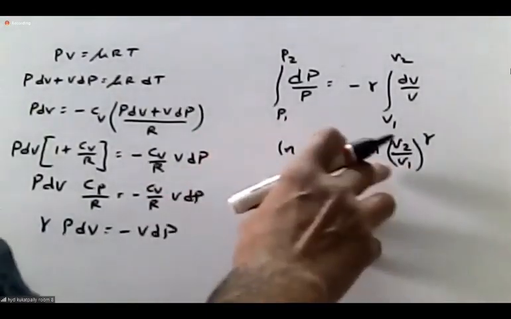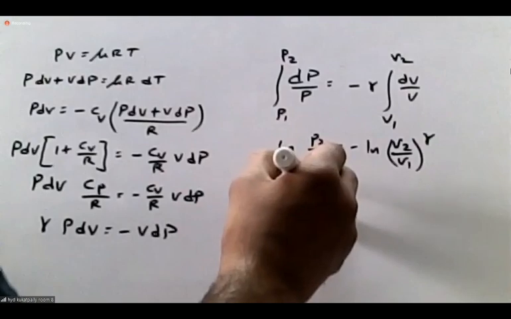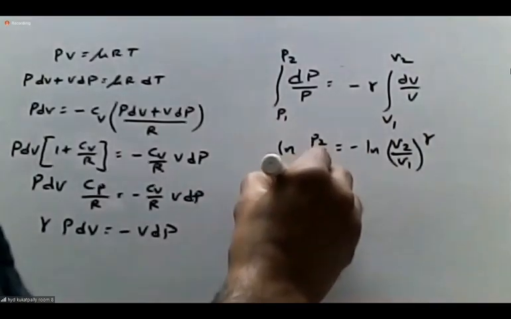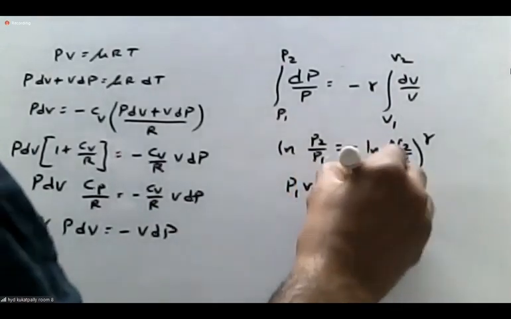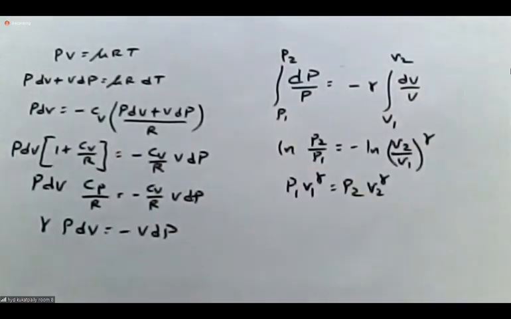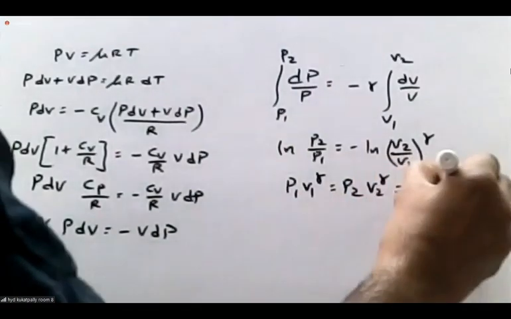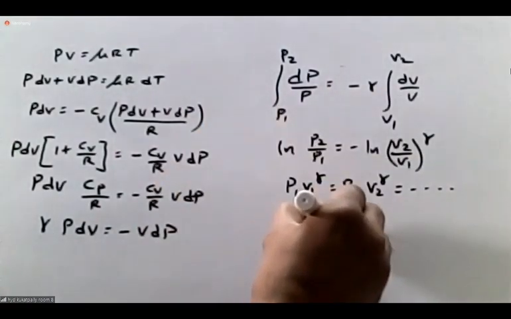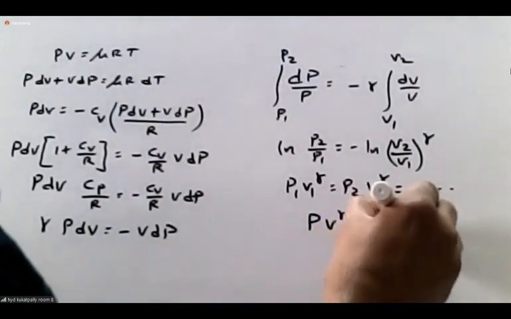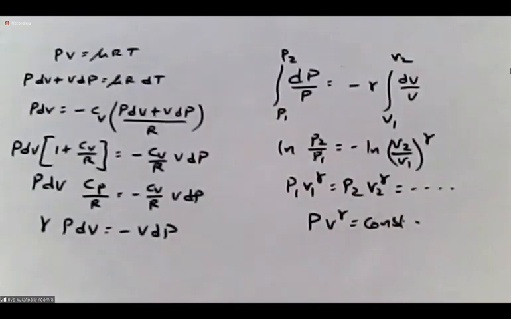Now the log gets cancelled. P1 V1 power gamma equal to P2 V2 power gamma, is equal to constant. Or PV power gamma is equal to constant. So during an adiabatic process, pressure and volume change in such a way that PV power gamma is equal to constant.